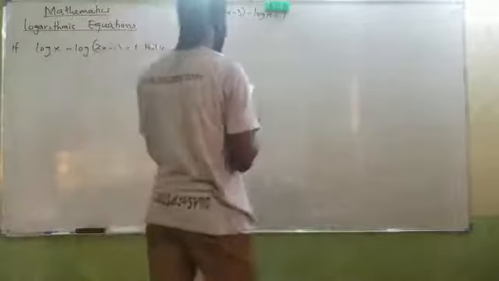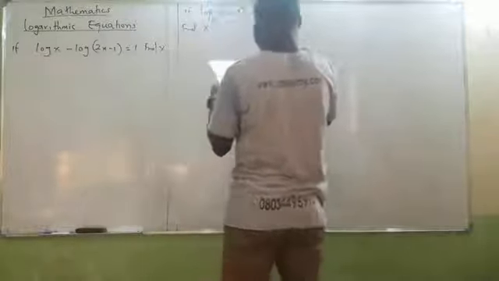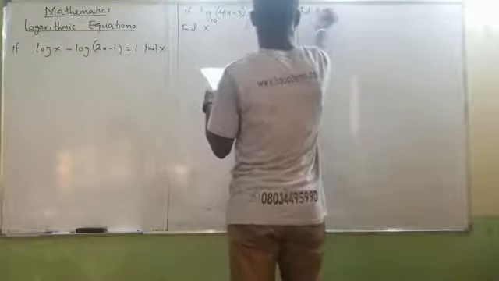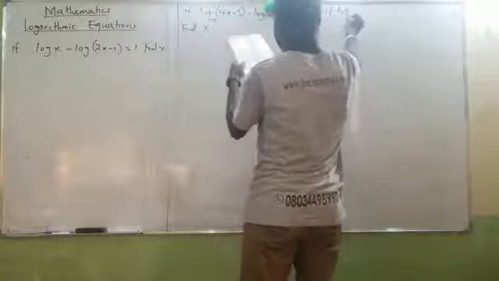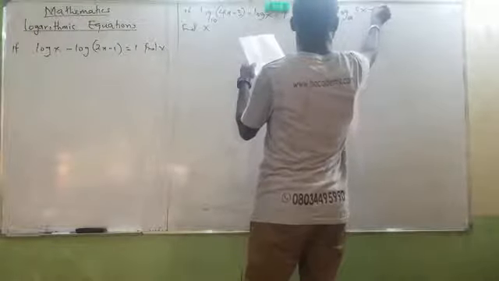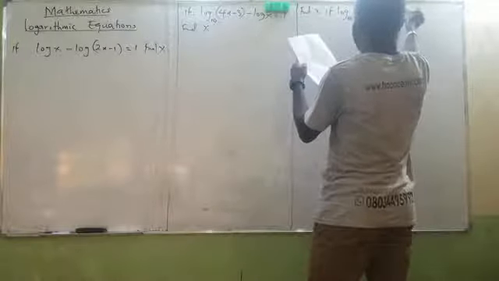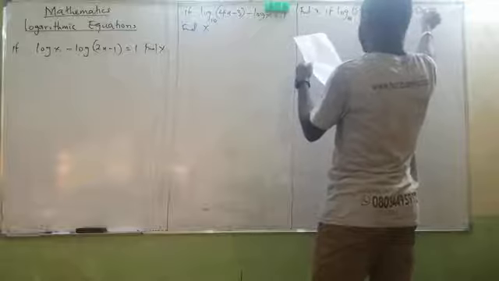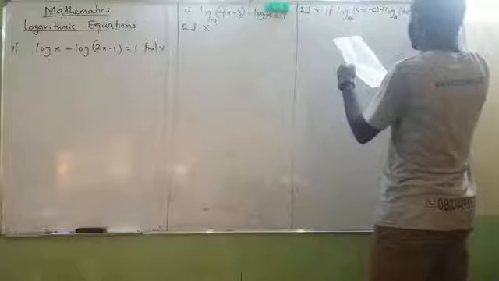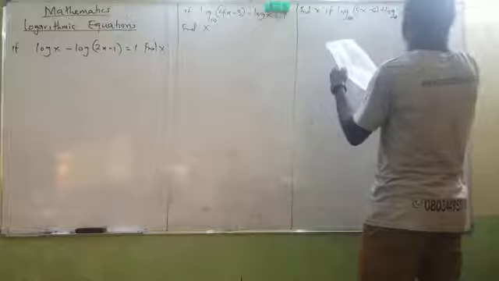And another question comes this way. Find x if log a of 5x minus 6 plus log a of 2x plus 3 equals log a of 10x squared minus 3x minus 5.